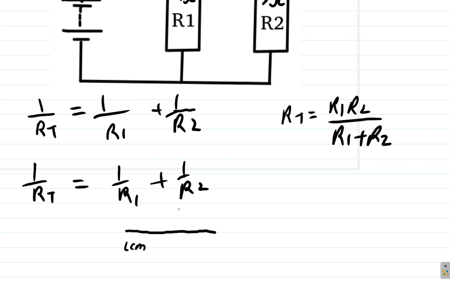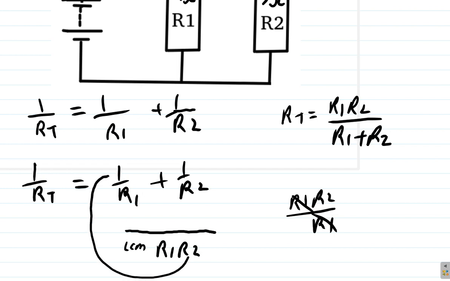The LCM of R1 and R2 will be R1 R2. R1 R2 divided by R1, the R1s will cancel and give you R2. So R1 into R1 R2 is R2.